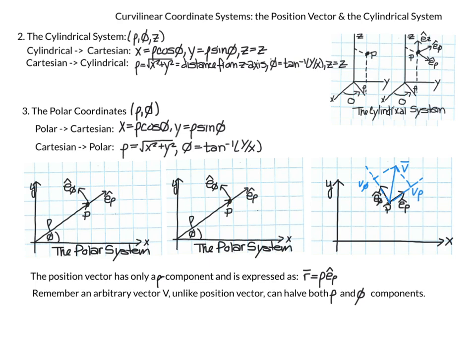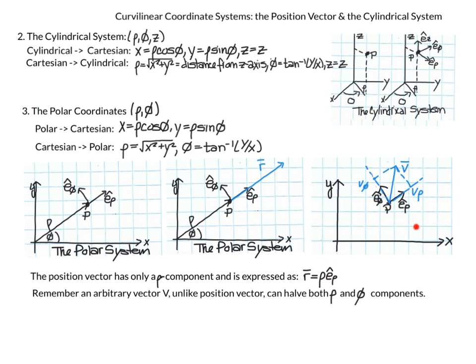So here I have my point P, and I have my vector. My vector here can be expressed with both rho and phi, but once I want to express a position vector, I'll move my position vector here, so this will be r, and we express it only as rho and then with respect to P.